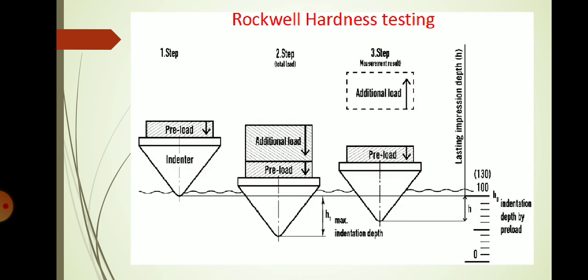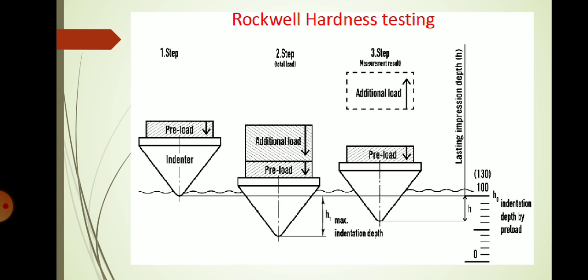In this diagram you can see it easily. In the first step the preload is applied, in the second step the additional load, that is the major load, is applied, and in the third step the major load is removed. The difference between these, after application and removal of the major load, gives you that small edge height, which is a lasting impression, the depth inherently there in the specimen.